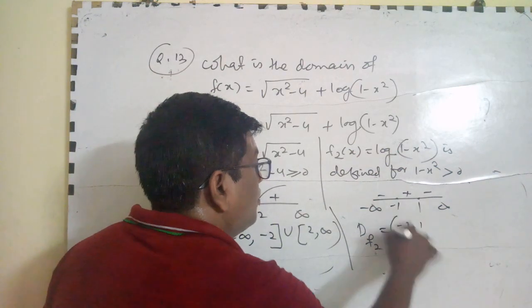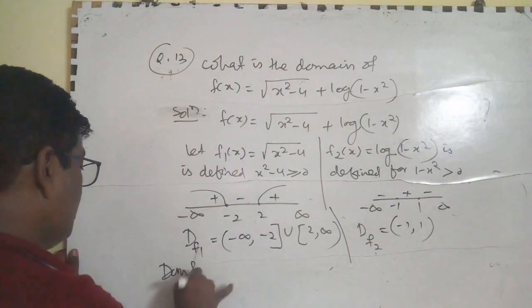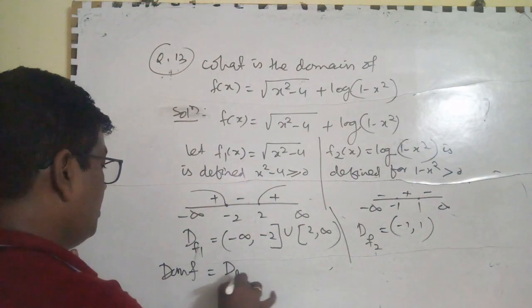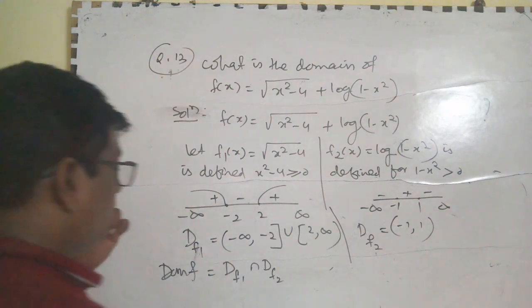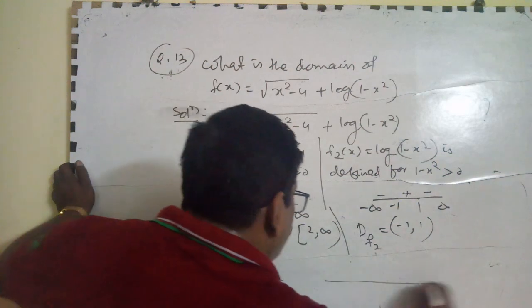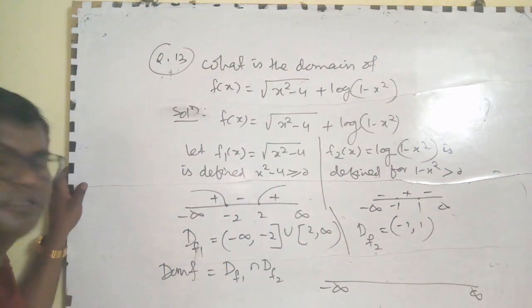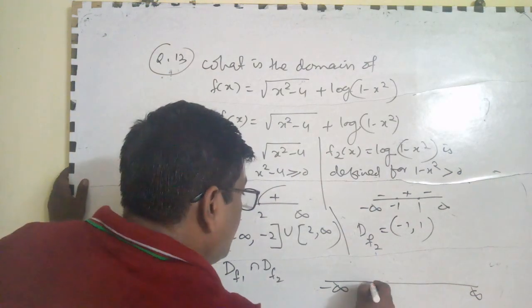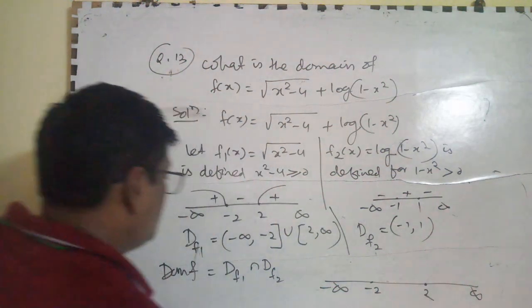Minus 1 comma 1. Now domain of f is equal to df1 intersection df2. What is the common here? This is minus infinity to plus infinity, and this is minus 2 and this is plus 2.